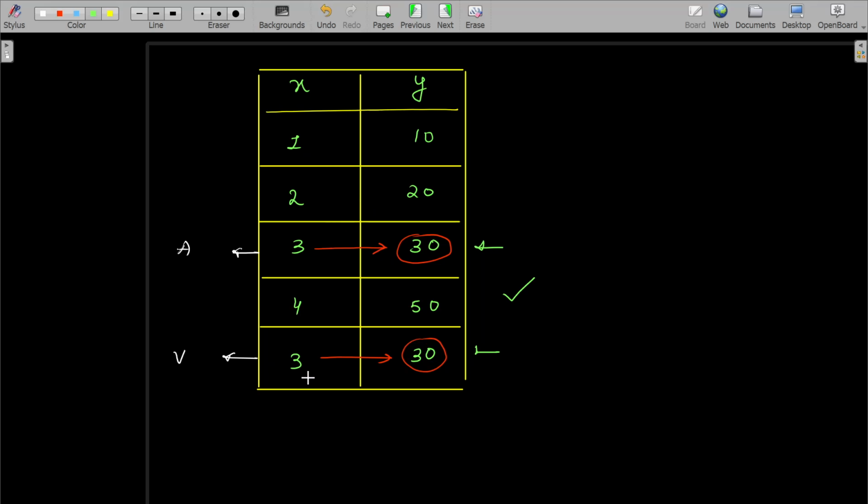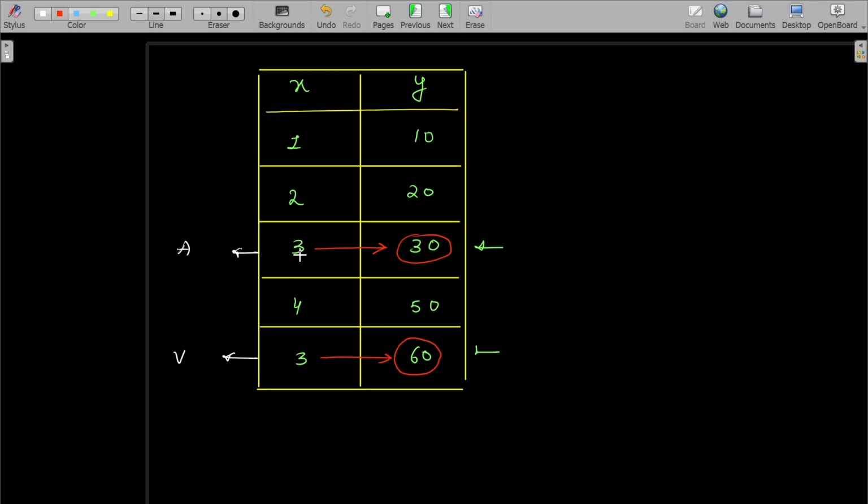But wait, now let me change the question again. Let's take this 5. Now if I make this 3 and here I write 60, now this would become a problem.